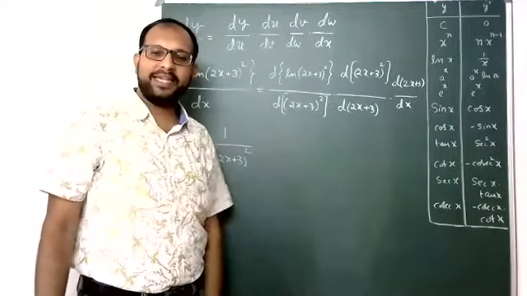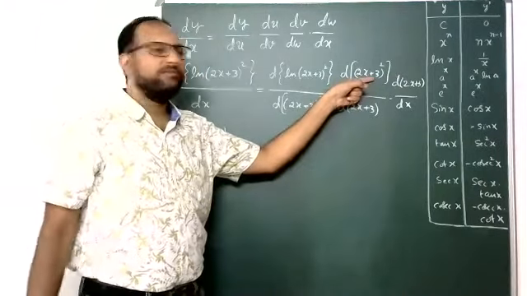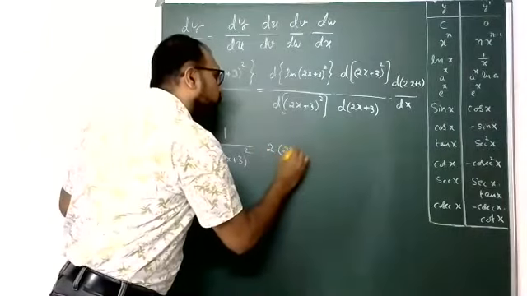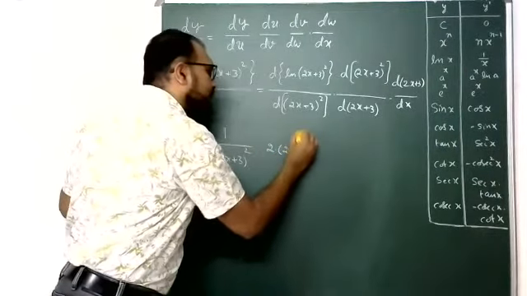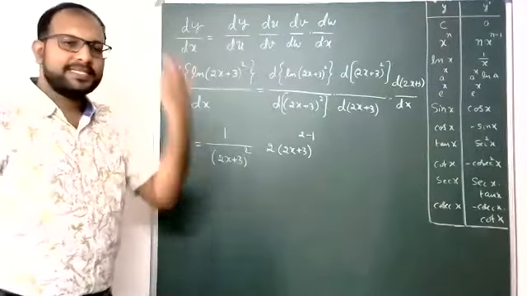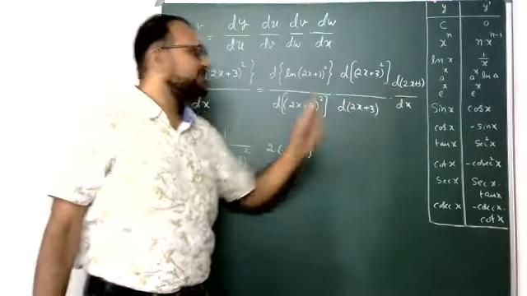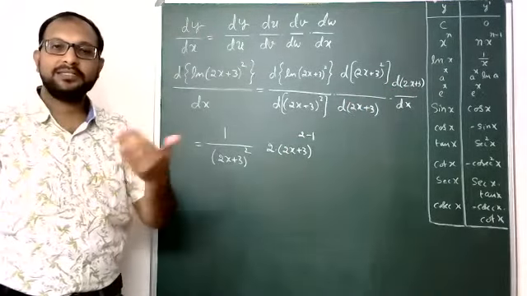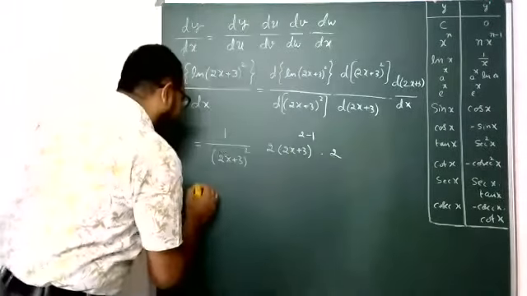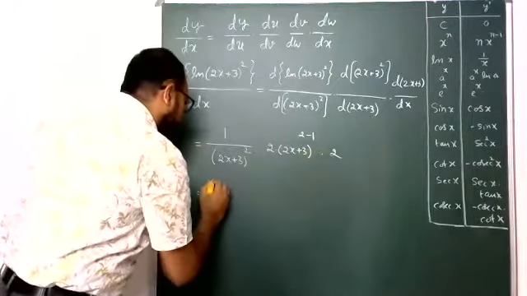This is now the simple x to the power of n formula, means 2 into (2x plus 3) to the power of 2 minus 1, that is 1. Not completed, there is still the last problem: the derivative of 2x plus 3 with respect to x, that last is 2. So the final answer I am writing here: 2 into 2, 4.